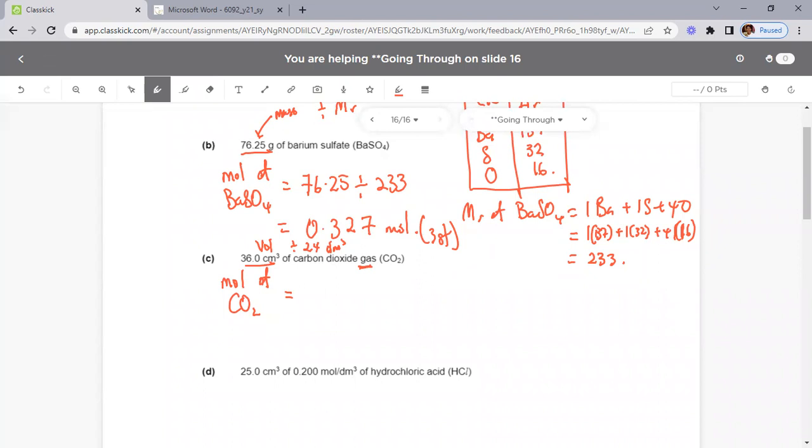So 36 divided by 1,000 converts the cm cube into dm cube. Then I divide it by 24. If you press your calculator, 36 divided by 1,000, then divide by 24, you're going to get 0.00150 mole, rounded off to 3SF. So this is for part C.